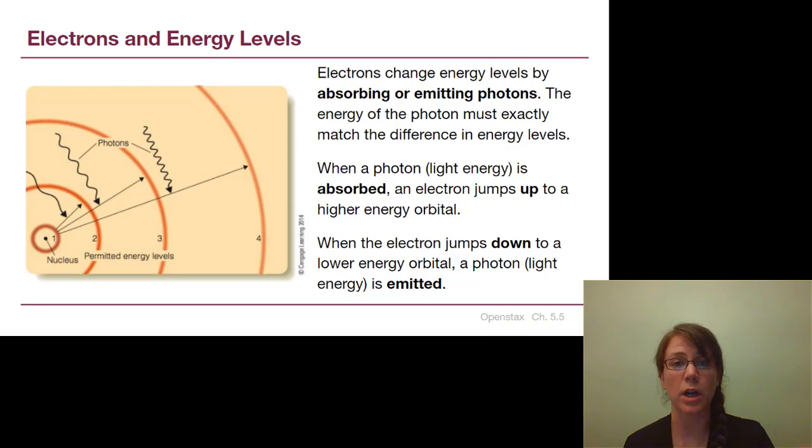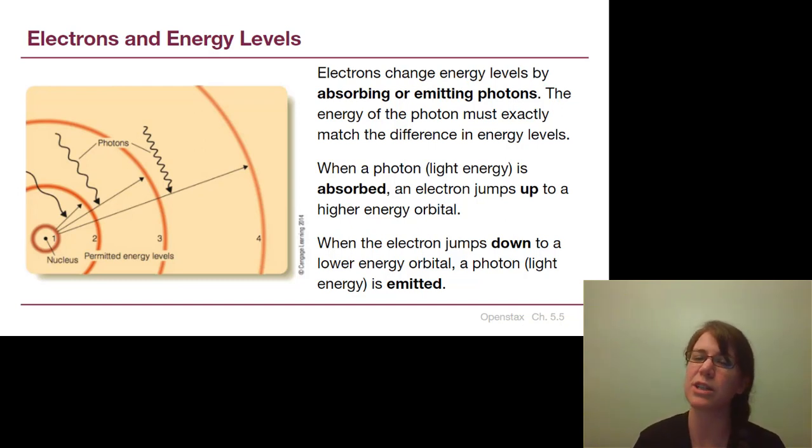If a photon is absorbed, so imagine drinking that coffee, then the electron all of a sudden has more energy and can jump up to a higher energy level. What we mean by up is further away from the nucleus, a further distance, a bigger energy to that particular energy level. When the electron jumps back down to a lower energy, maybe you provided it with a can of Red Bull, and so it's like, okay, I'm going to do exciting things.